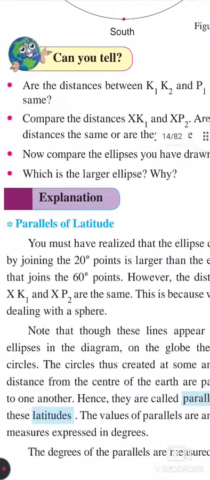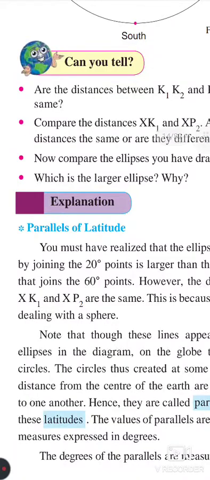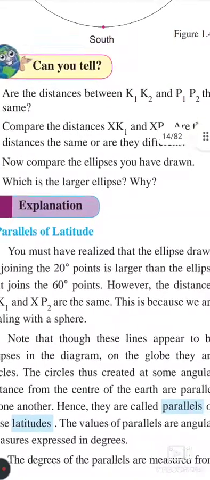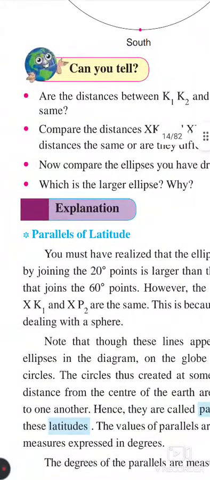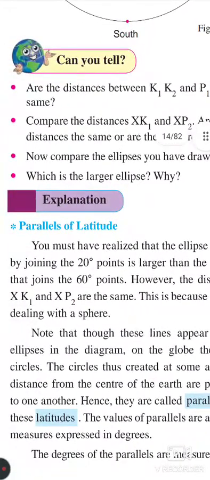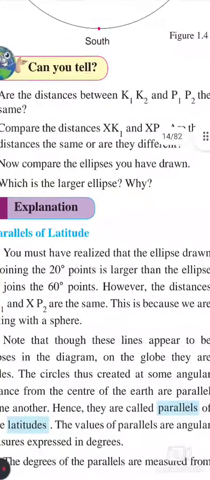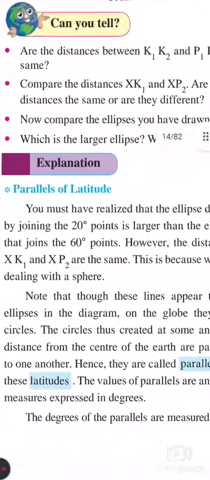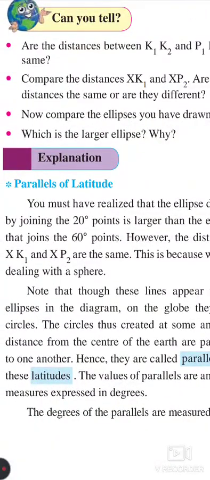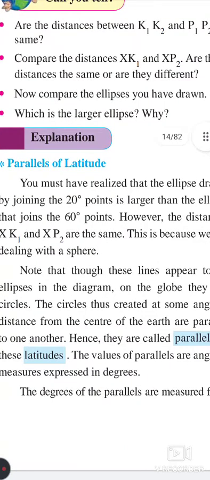You must have realized that the ellipse drawn by joining the 20 degree points is larger than the ellipse at the 60 degree point. However, the distances XK1 and XK2 are the same. This is because we are dealing with a sphere. Note that these lines appear as ellipses in the diagram of the globe.